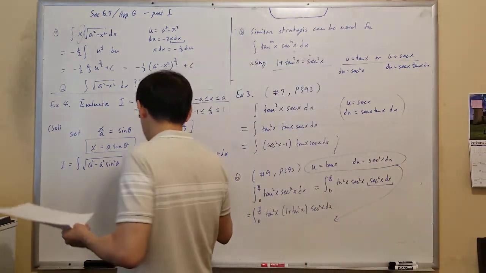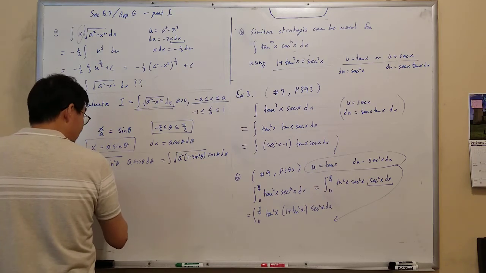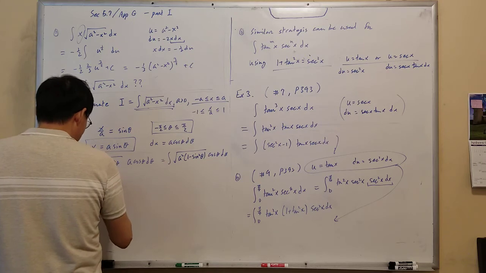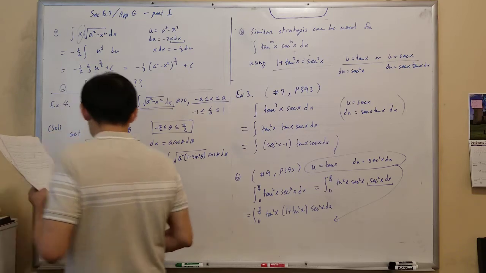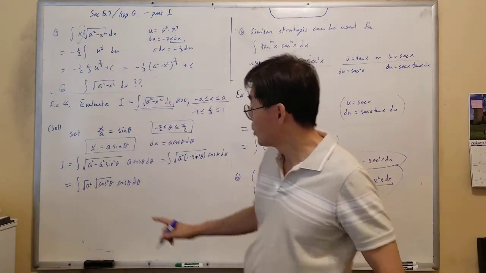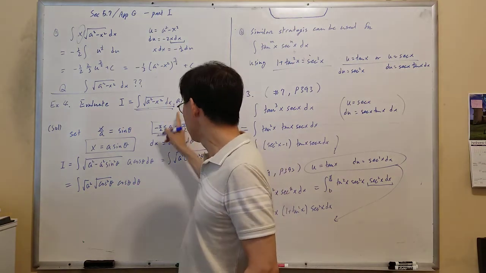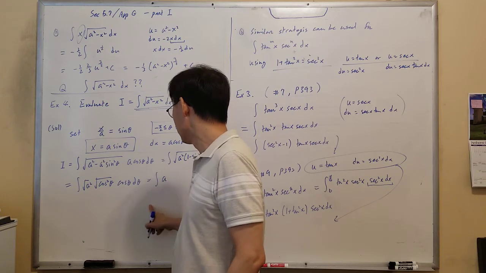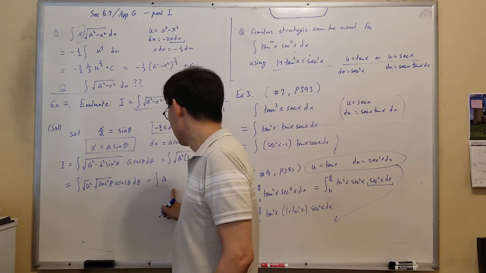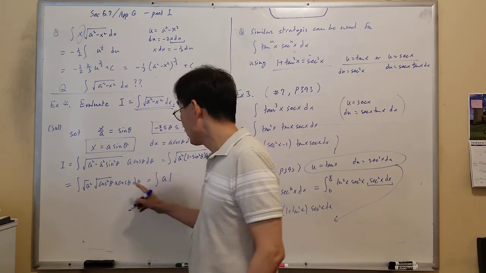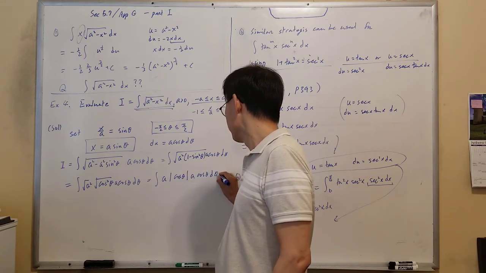Okay? 1 minus sine squared theta is cosine squared theta. Now, square root of a squared is absolute value of a. But a is positive, so that's just the same as a. Oh, I forgot a over here, a over there. And then this is square root of cosine squared theta, times a cosine theta d theta.